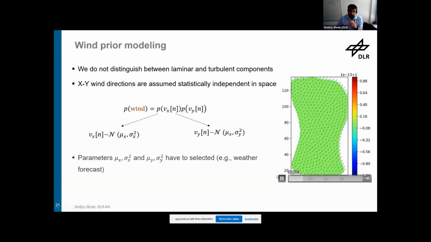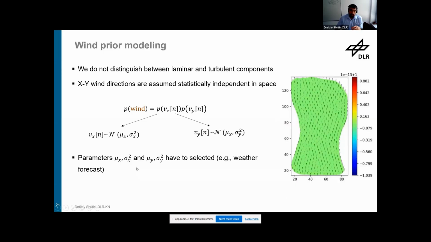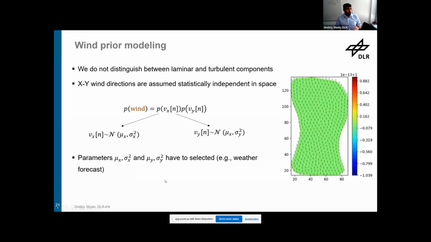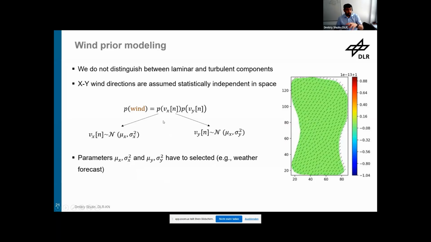The only thing that we need to know is the mean of the wind and its variance. And these are parameters that need to be selected for the prior. These can be obtained, for example, from the weather forecast. So we know the dominant wind direction, and we can use this information from the weather forecast to construct these priors. In this way, we can then define the prior for the wind.